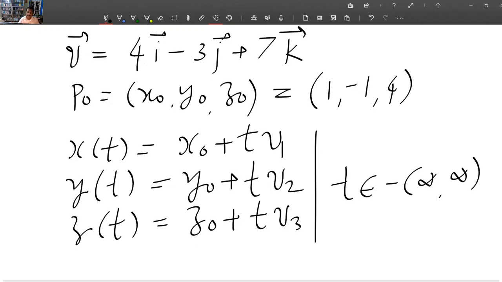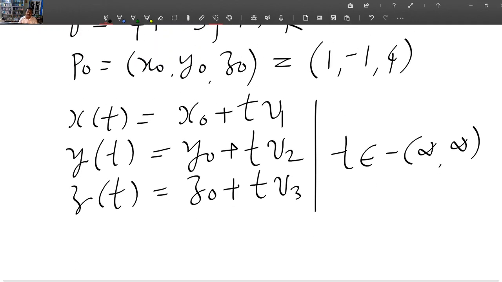So this is the parametric equation of the line.